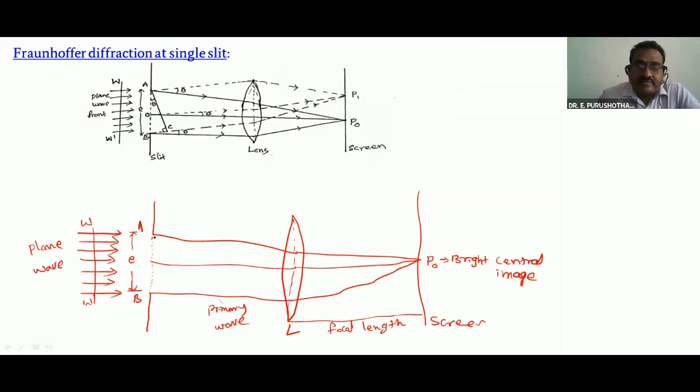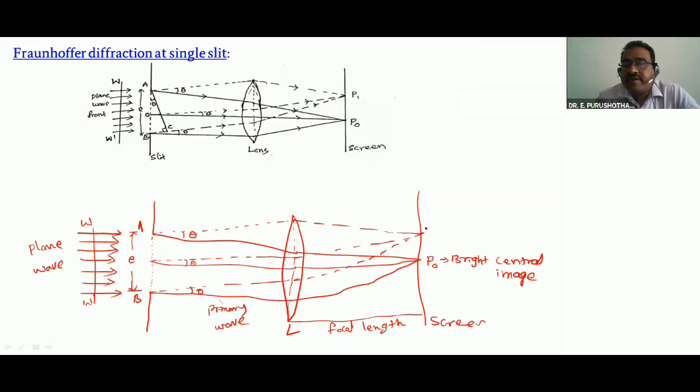According to Huygens, every primary wave front produces a secondary wave front. So this is the secondary wave front with an angle theta. This secondary wave front is also focused on the screen at a point P1.